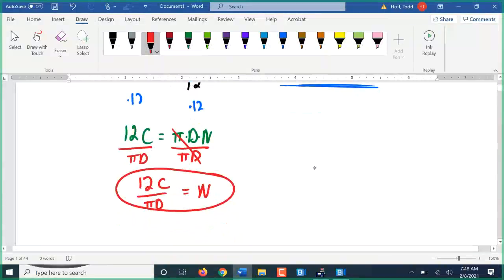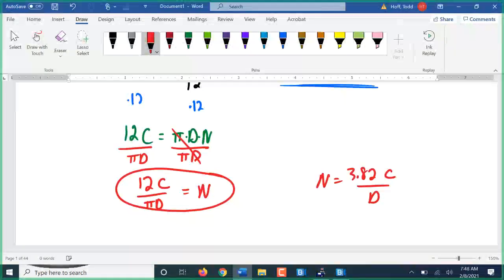I realize you have RPM equals 3.82 C over D. Use that, that's fine. It's going to come out to exactly the same.